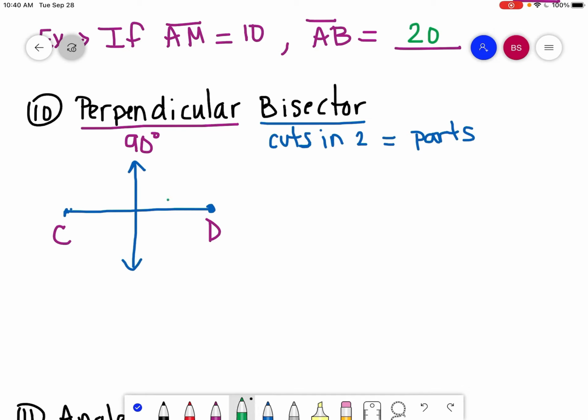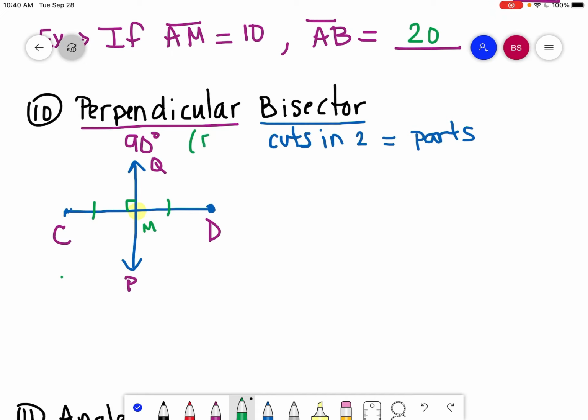It is the knife that is cutting this CD into 2 equal parts, and we'll call that P and Q. Okay, we'll put a dot in the middle, and that's going to be M for midpoint. And then we're also going to include the right angle symbol, and there we have a perpendicular bisector.